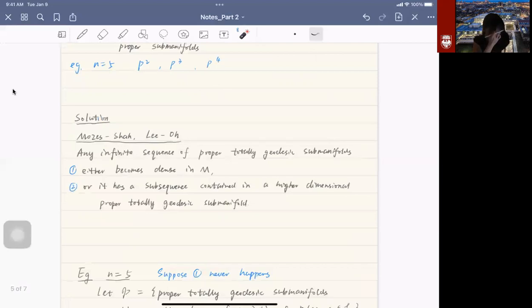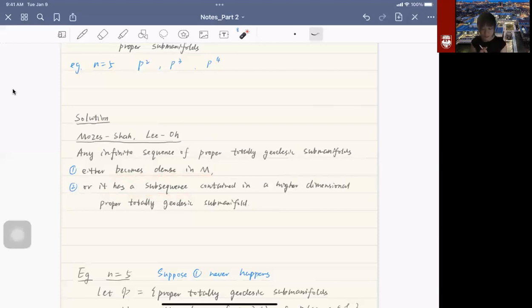And to deal with that, I applied the theorem by Mozes and Shah, and also by Lindenstrauss and Oh. They both prove that for any infinite sequence of proper geodesic submanifolds, it either becomes dense in the whole manifold M, or it has a subsequence contained in a higher dimensional proper geodesic submanifold.